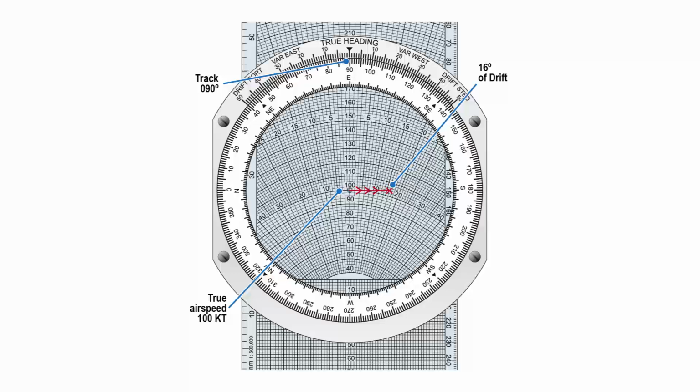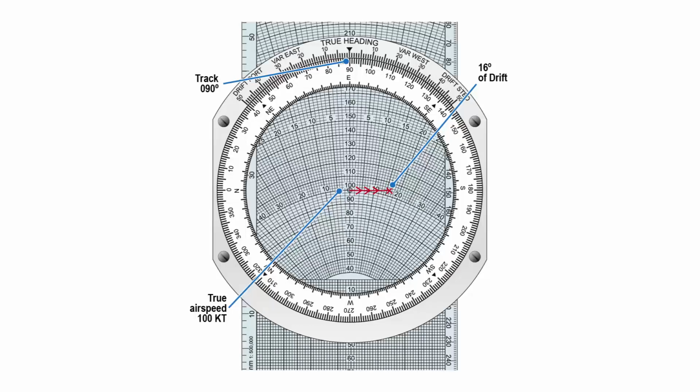Now let's look at the case where our required track is, for example, 090 degrees. We rotate the inner ring so that 90 is aligned with the index mark. If we now read off the drift, the X mark is aligned with the 16-degree drift line on the drift STBD or drift starboard side of the flight computer.